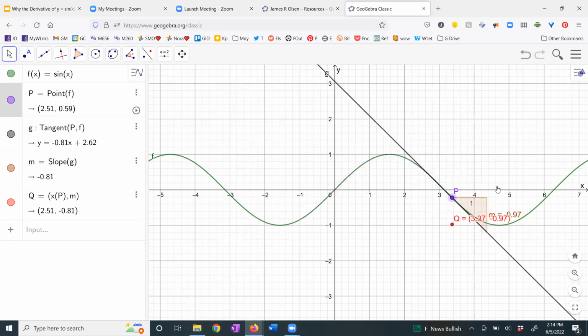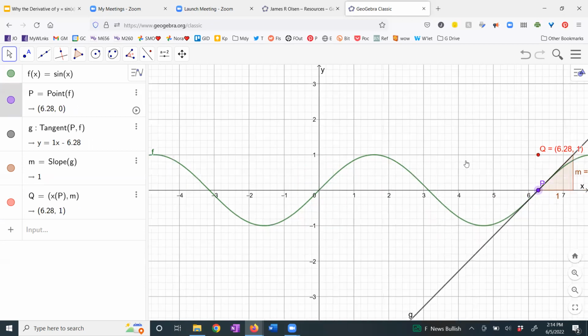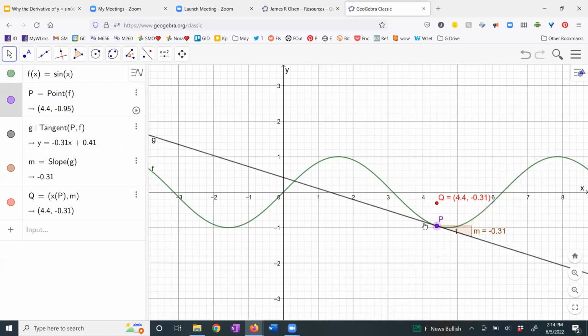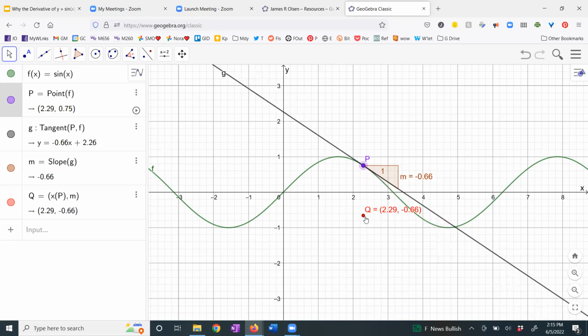We should be able to get a slope of 1 over here also. It's a little bit off the screen. There we go. Rise and run are equal. That means it's a slope of 1. This is a little bit below 1, and this is a little bit above 1. So this has a negative slope. So when we graph it, we're going to have this ordered pair with a negative value.